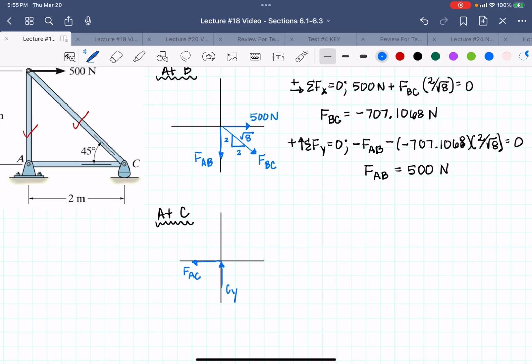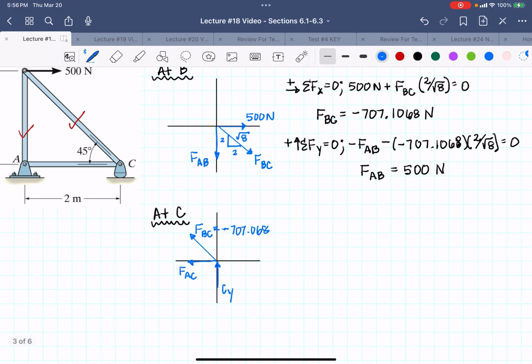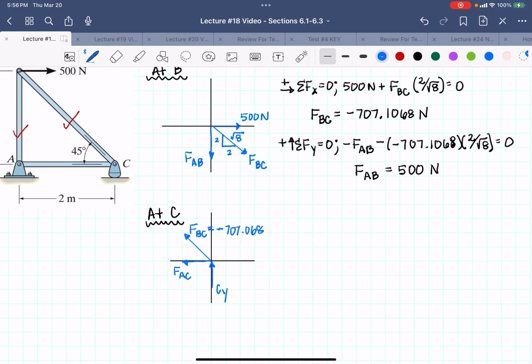And I also have going to the left and up, I have FBC, which I know, and it is negative 707.1068. All right, so now if I solve for my forces in the x direction, I'm going to be able to find FAC. Oops, I forgot to note that this similar triangle for FBC is 2 over the square root of 8.